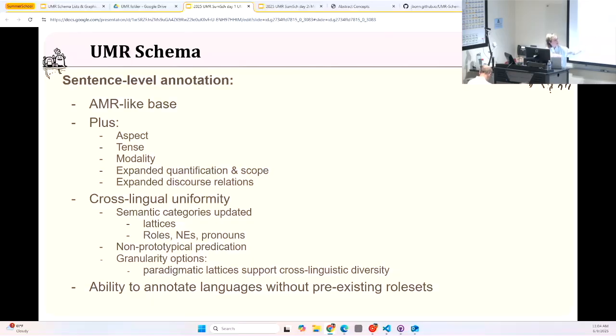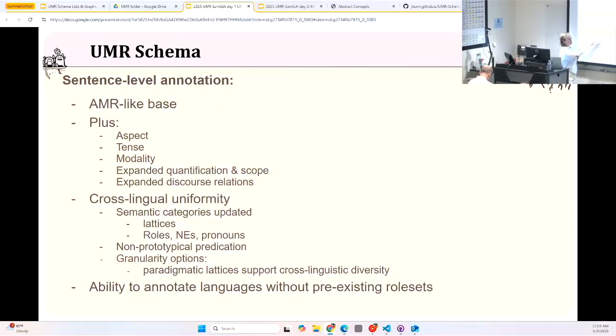This lattice system, so basically, instead of having a single flat set of semantic primitives for your aspectual categories, and it's not even a tree, it's a lattice. Instead of having a single set or a hierarchy, you've got a whole bunch of types that are all related together in this lattice form.